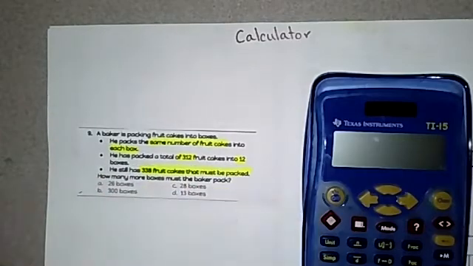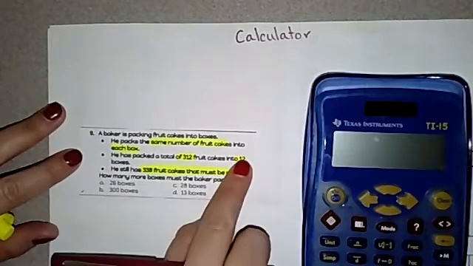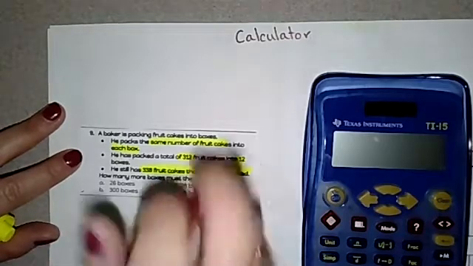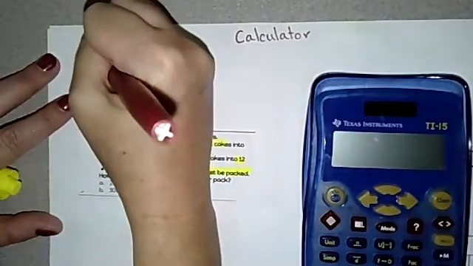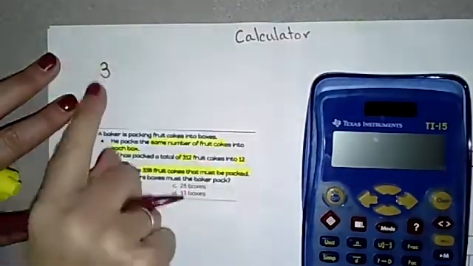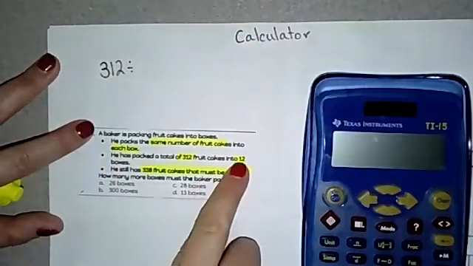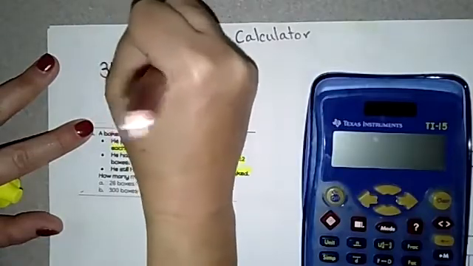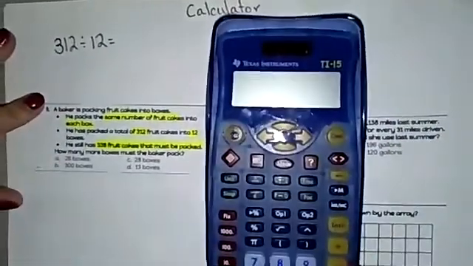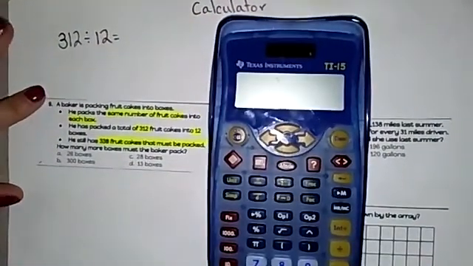Okay. So he's already packed up some of these fruit cakes. He's packed 312 of them into 12 boxes. So we need to find out how much he's putting into each box. So he did 312 already, and he divided them into 12 boxes. So use your calculator and see how much is going into each box.